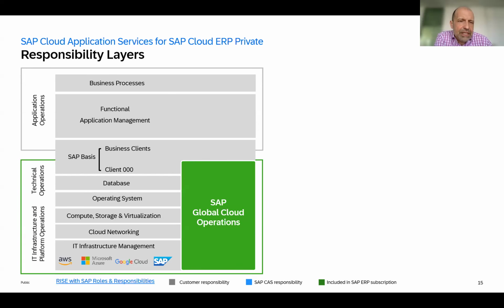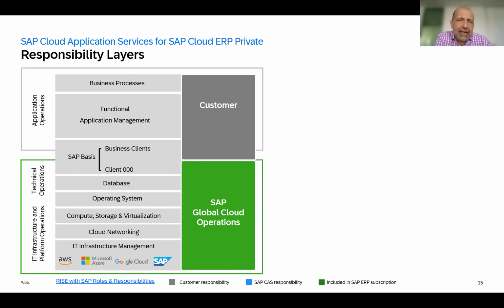That means we take care of all the network, virtualization, operating systems, the database, and partially also topics in the basis of the SAP business client or client zero. Very often, customers are not aware of the full responsibilities on their side. That means it's not only to cover the business processes and the classical functional application management.